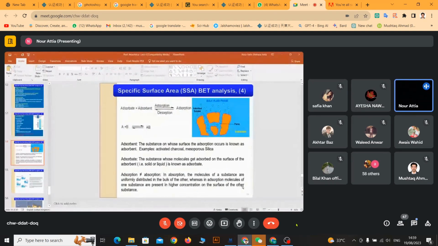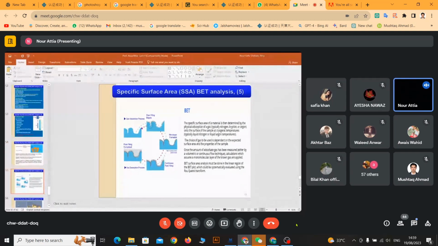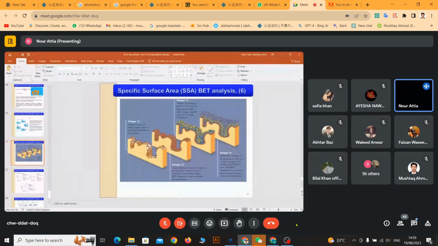And this is very important actually. And the shape of the material, and based on the monolayer. The instrument is automated actually. When you put your sample, they will give you the isotherm, and they will give you surface area and pore size and everything. You don't need to do anything, but I'm just explaining to you about the phenomena.